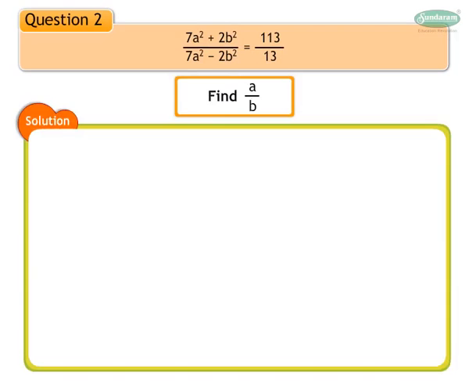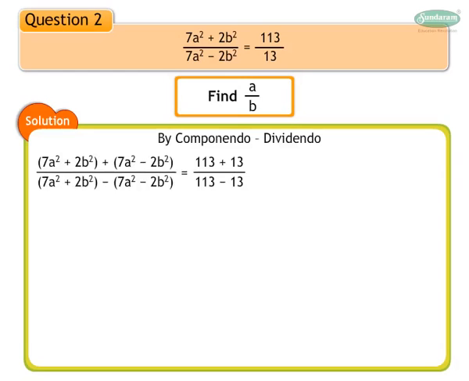Solution. Let us first use the property of componendo dividendo and simplify the ratios. We get [(7a²+2b²)+(7a²−2b²)]/[(7a²+2b²)−(7a²−2b²)] = (113+13)/(113−13).